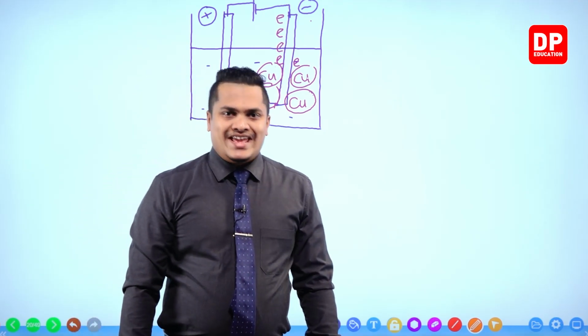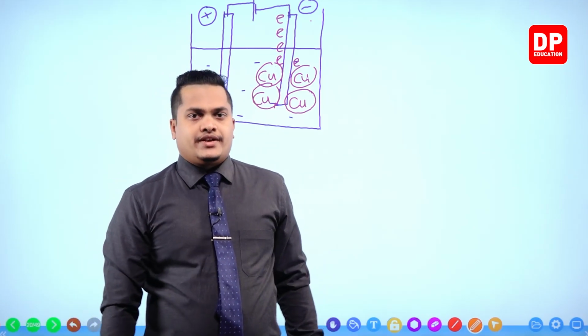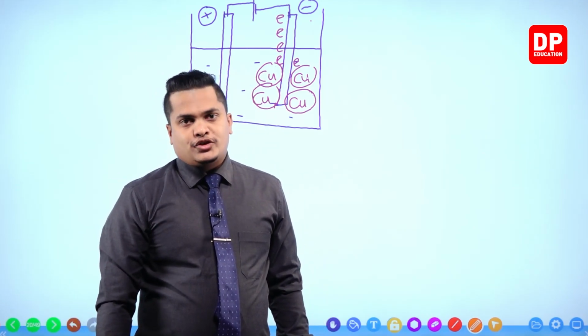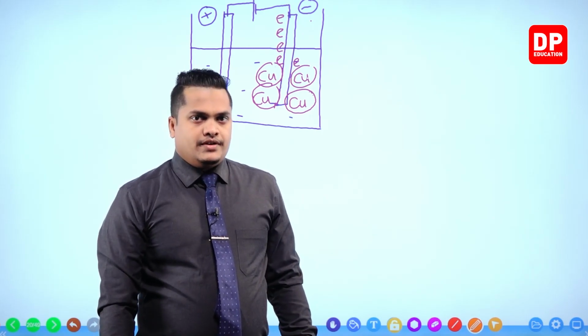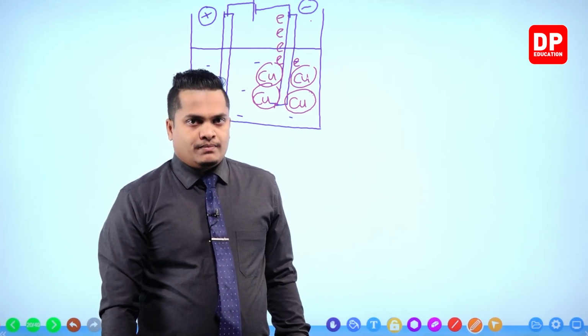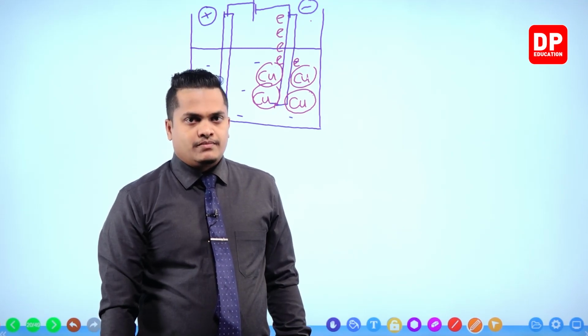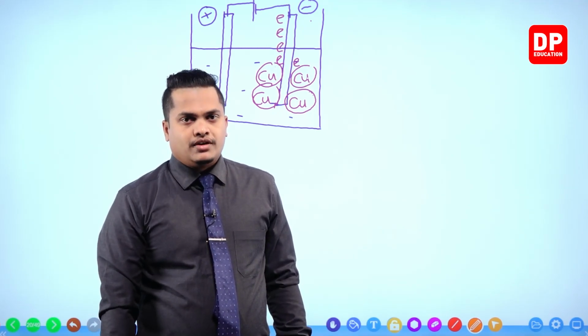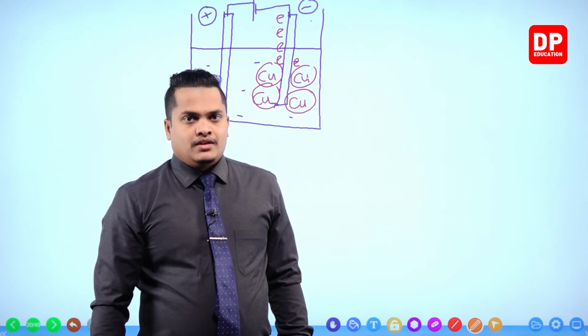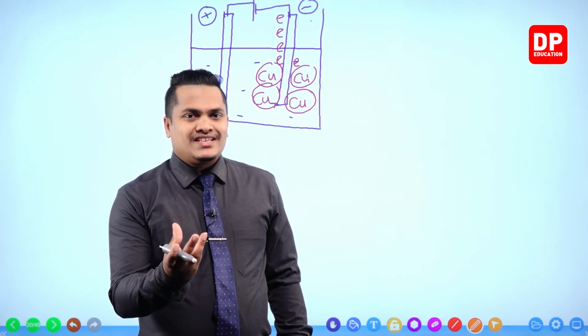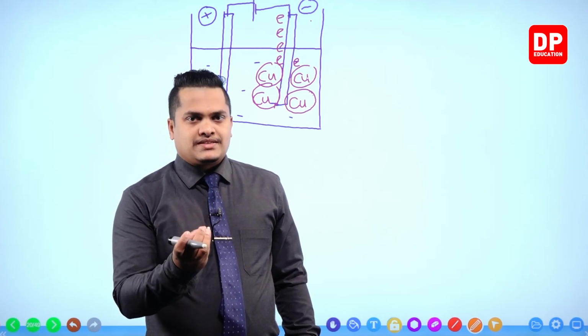Then the second one: the blue color of the copper sulfate solution. The blue color of the copper sulfate solution can be observed, my dear children, because of copper plus ions. The blue color is given out because of copper ions.